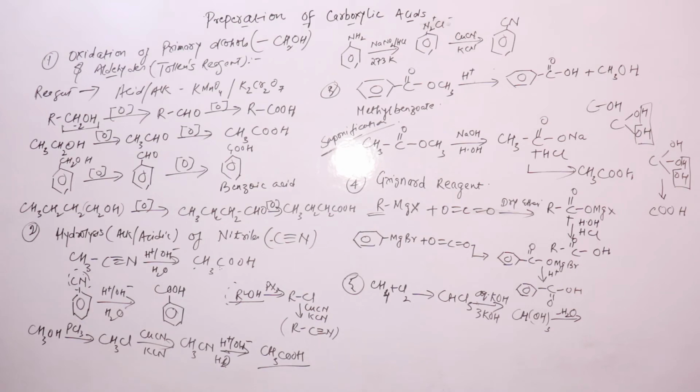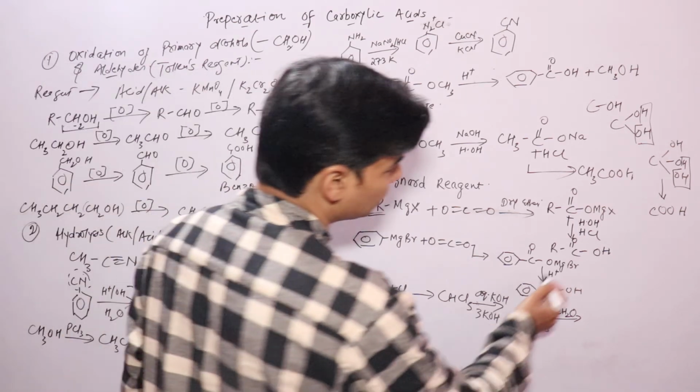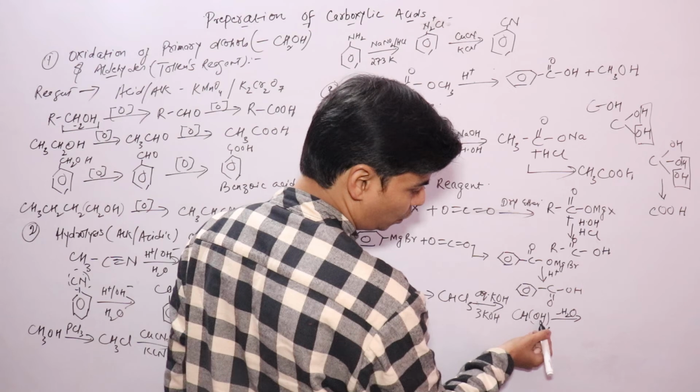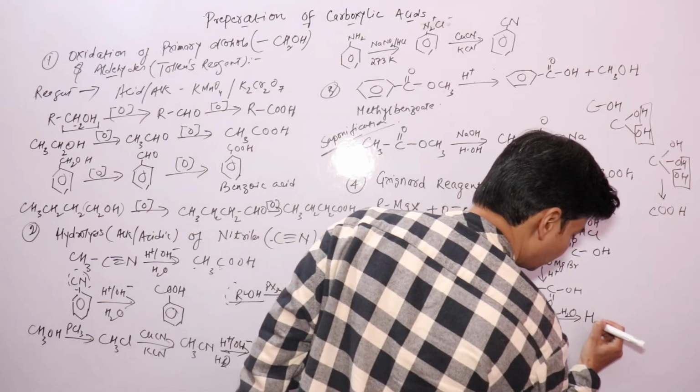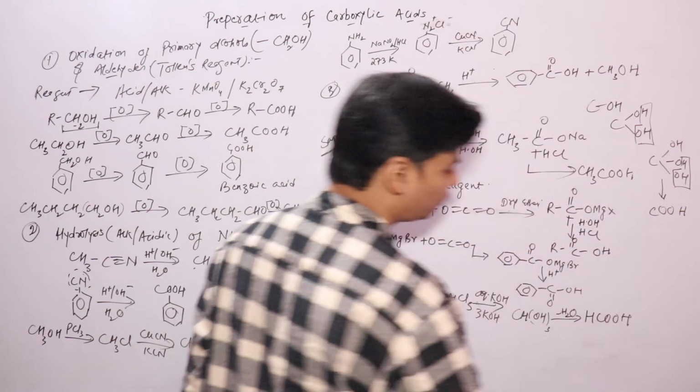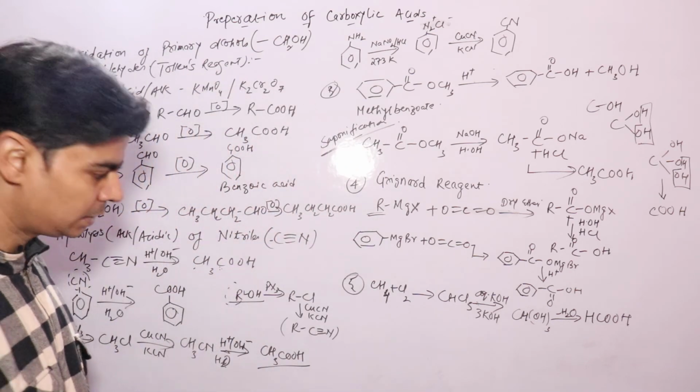I hope this concept is clear. So C(OH) whole thrice will form COOH, and you have one hydrogen, so it will form HCOOH, formic acid.